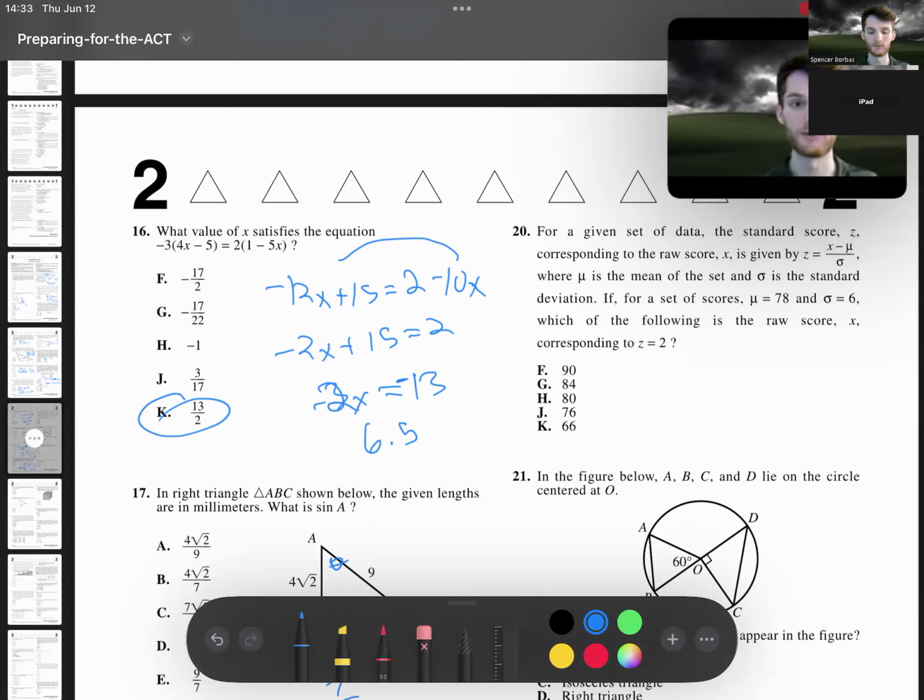It was very useful for my research. Okay, Z-score. 2 equals x minus 78 divided by 6. 12 equals x minus 78. It's like 90? Yeah.